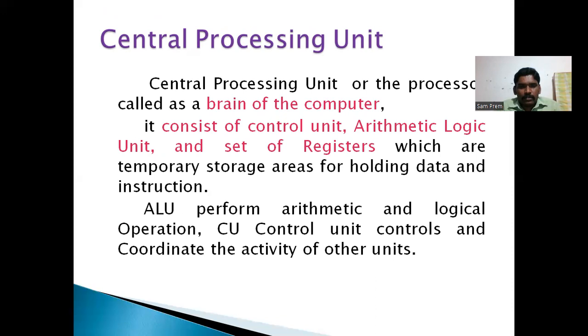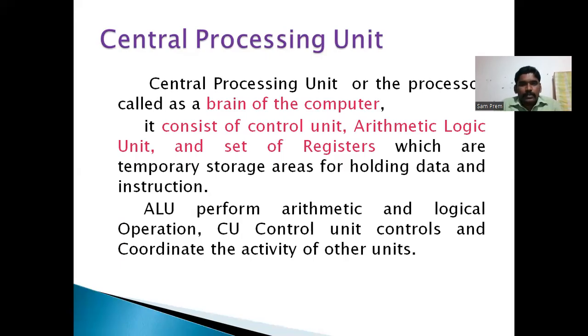Registers are temporary storage areas for holding data and instructions. The ALU performs arithmetic and logical operations, and the CU, the control unit, controls and coordinates the entire activity in the computer units.